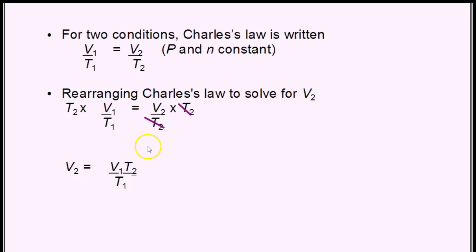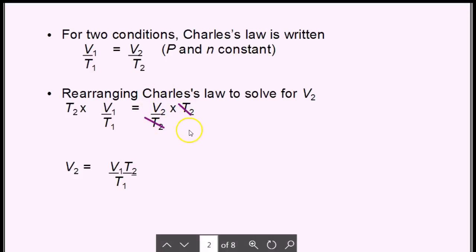So we've got to do a little bit of rearranging of our equation and we've got to get V2 by itself. So the easiest way to get V2 by itself is to take T2 and multiply by T2. This now allows us to cancel out the T2.